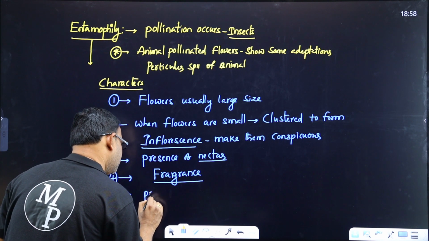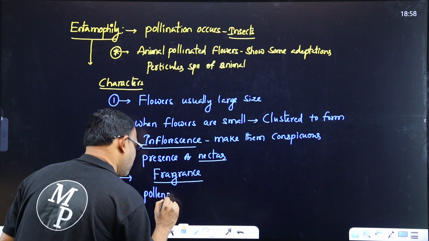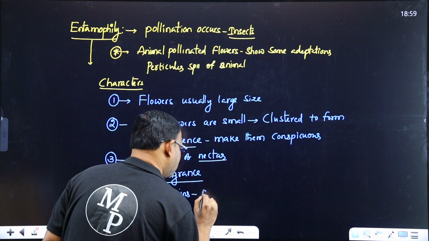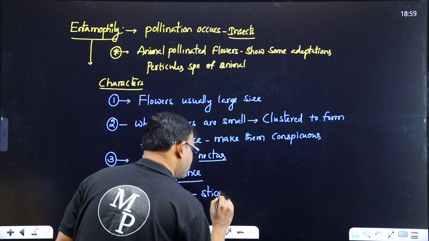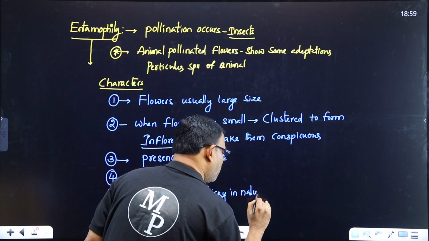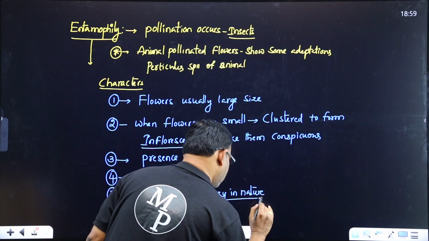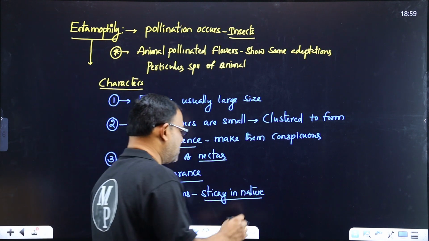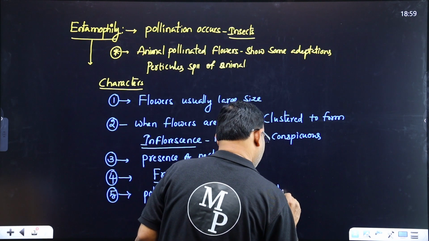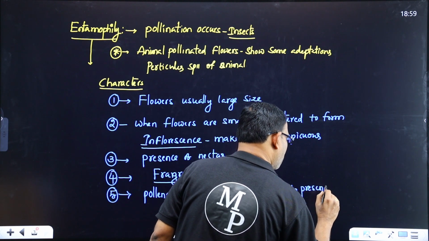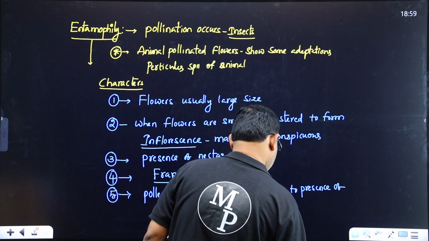Then next one is pollen grains are sticky in nature. Very, very important. Pollen grains are sticky in nature. Pollen grains ki ela vastundi stickiness? Due to the presence of pollen kit.